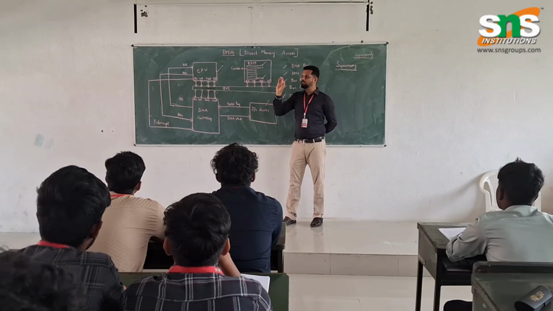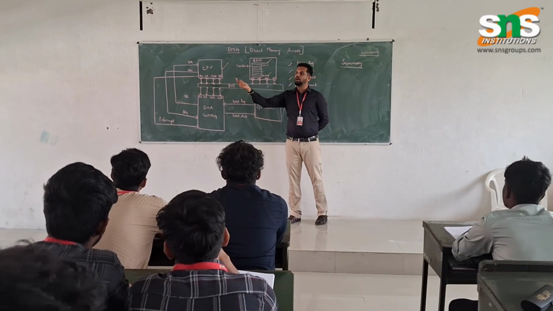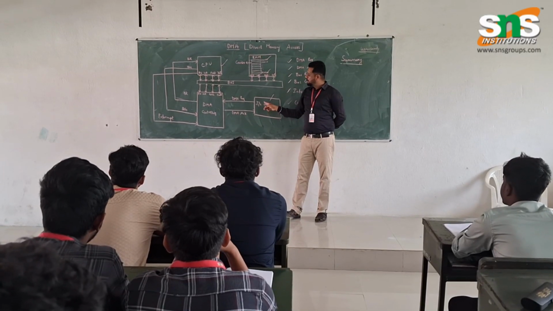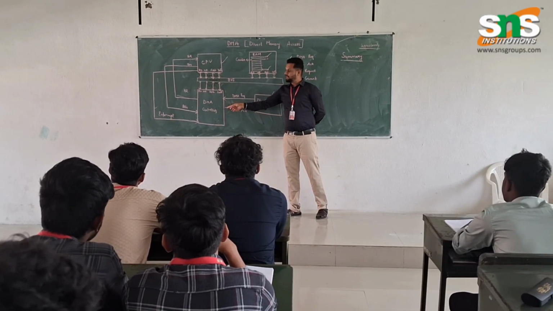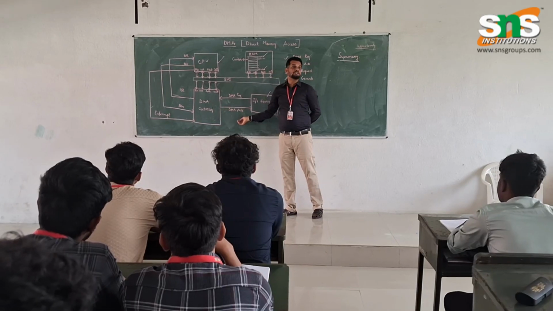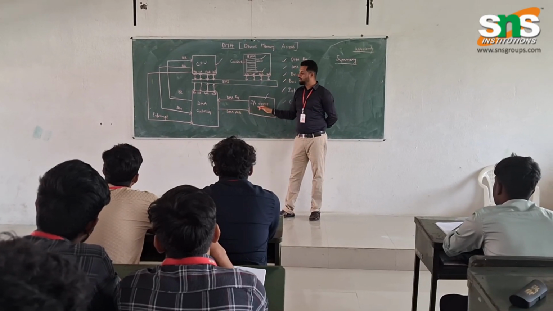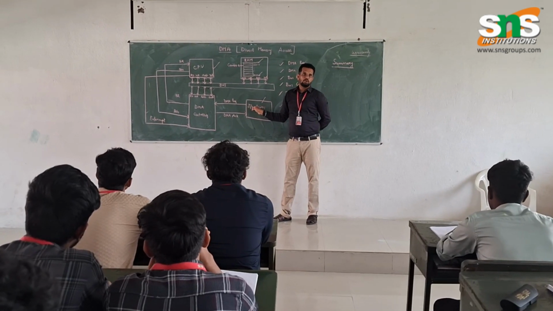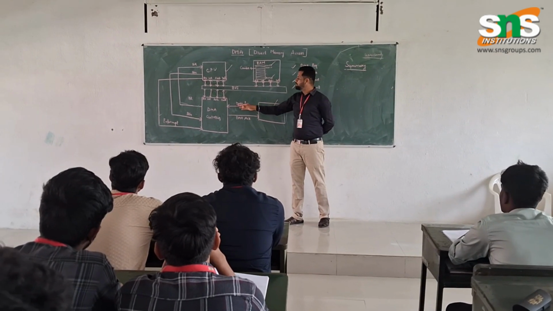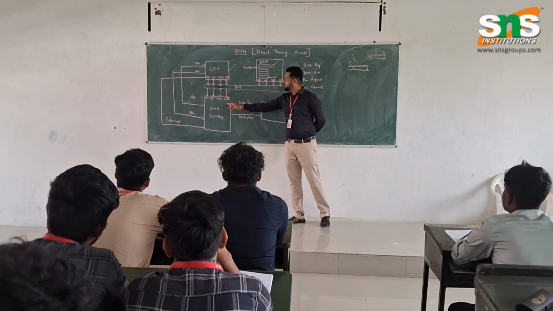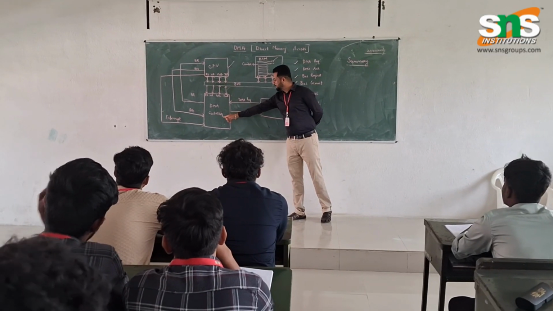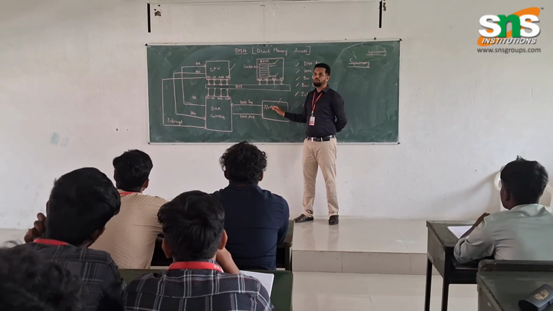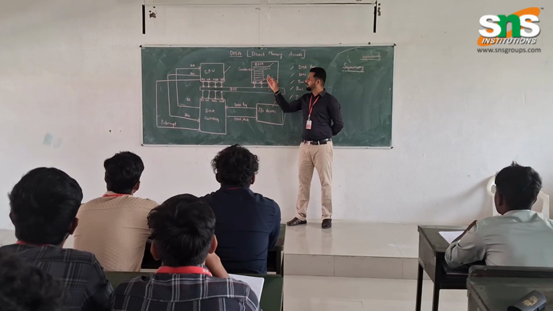In communication, you have to give a request and get a reply, that means an acknowledgement. First the I/O device gives the request, but if the acknowledgement is not received from the DMA, the I/O device feels that no permission has been given by the CPU. So once the permission is received, the DMA controller gives the acknowledgement to the I/O device, so the I/O device knows it has to be ready to receive data from memory.